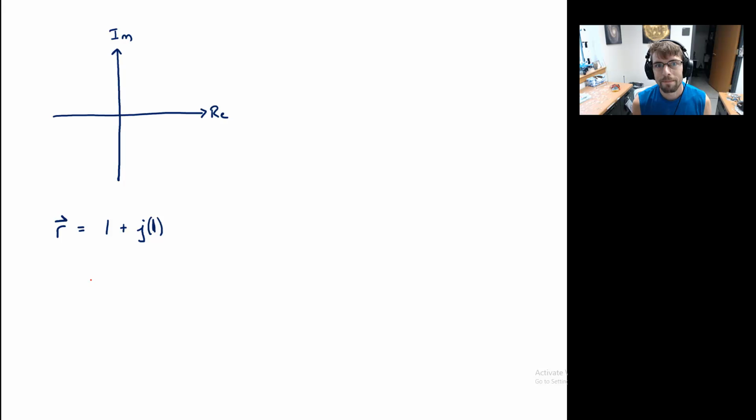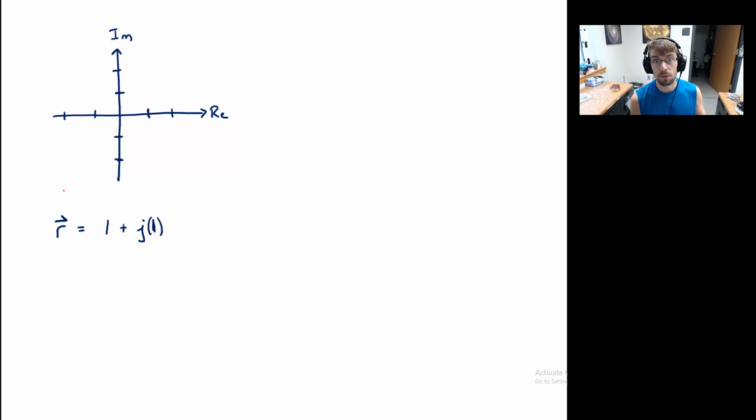Okay. First off, draw this vector. You got it? Yeah, good. Hopefully, so I'll go ahead and label my axes. Hopefully that's starting to ring bells of physical vectors. Right?